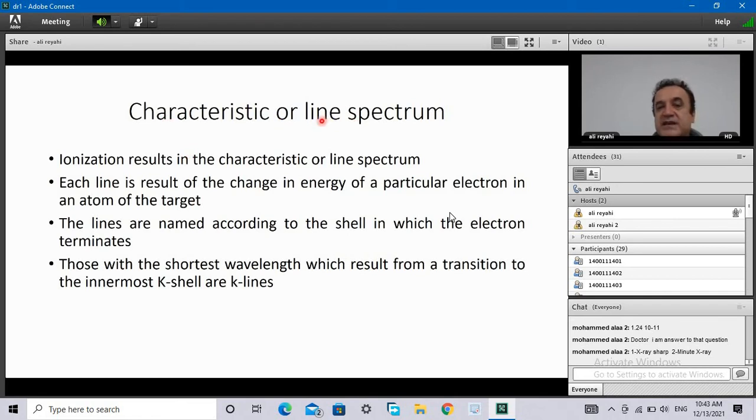Now we are speaking about the line spectrum. Another name for the line spectrum, or the second type of X-ray, is characteristic X-ray. Ionizing results in characteristic or line spectrum.